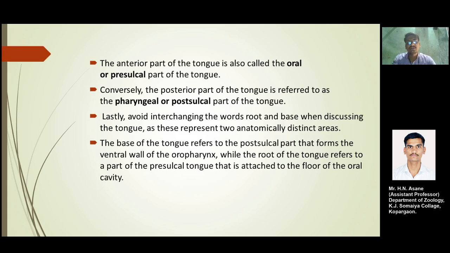And lastly, avoid interchanging the words root and base when discussing the tongue, as these represent two anatomically distinct areas. So the base of the tongue refers to the postsulcal part, that forms the ventral wall of the oropharynx.